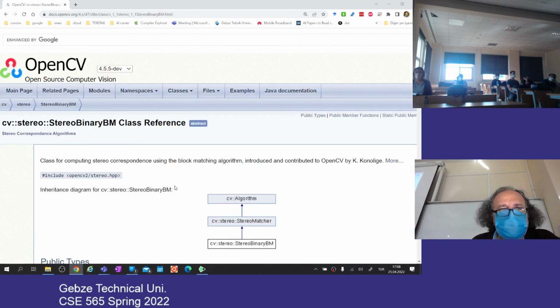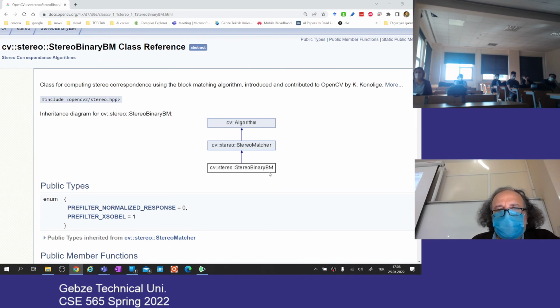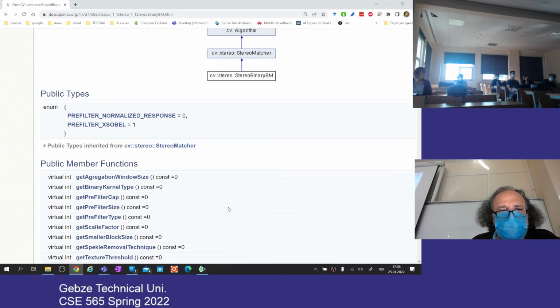Couldn't find it. Normalized response, and the user Sobel, okay. Binary kernel type, aggregation window size.